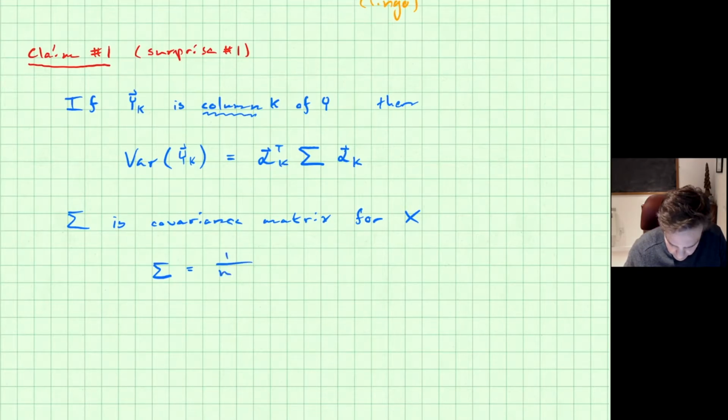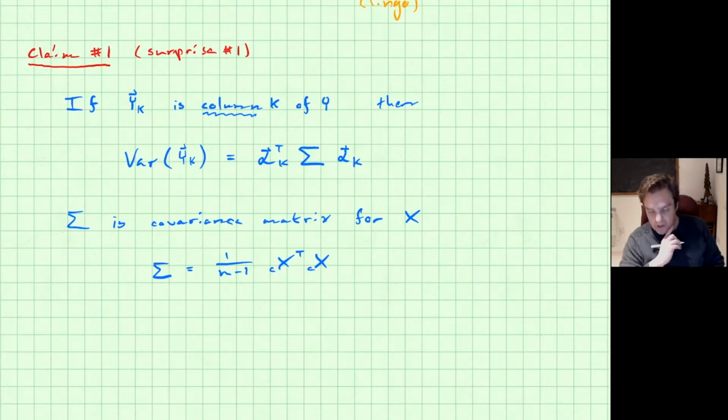It's 1 over n minus 1 times X-centered transpose times X-centered, the sample covariance matrix. I'll put the centered back there so you remember that's part of the definition.